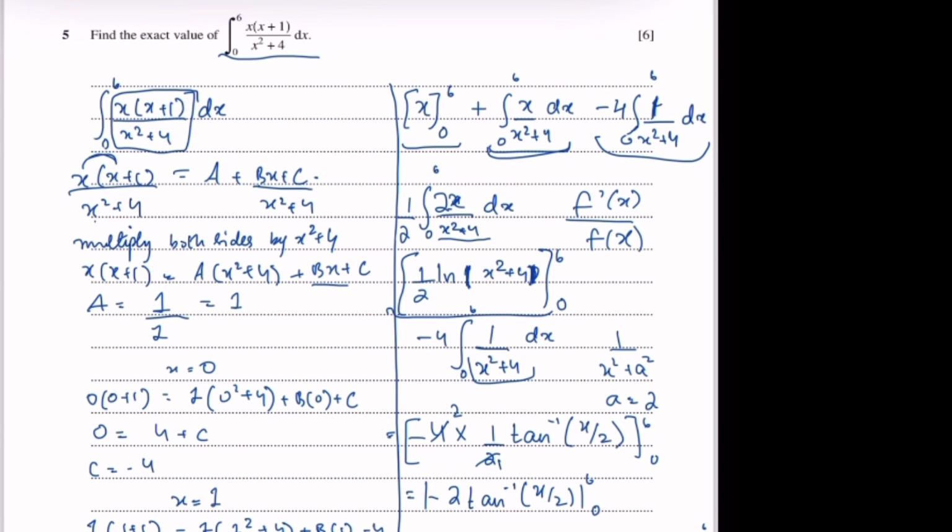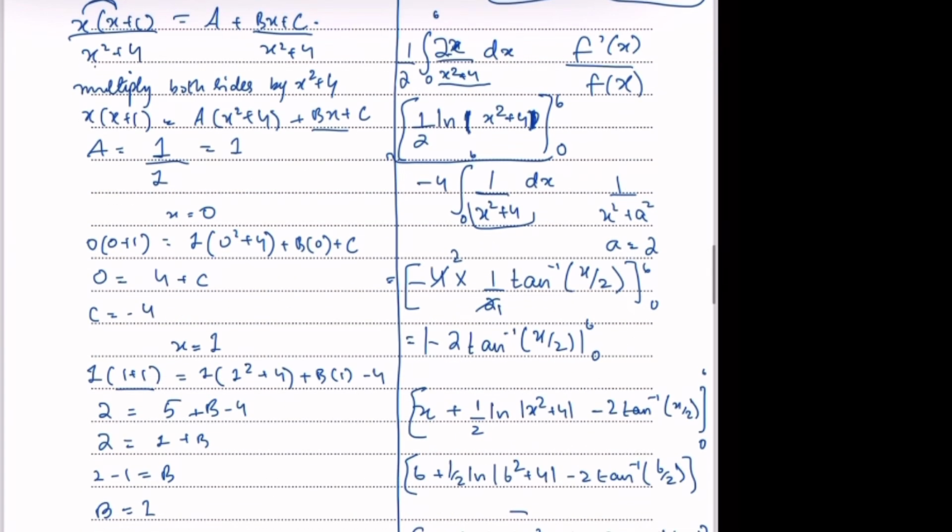We can take the power common in ln, so 6 minus 2 tan inverse of 3 plus ln of 40 upon 4, raised to power half. So that's 6 minus 2 tan inverse of 3 plus ln of 10 raised to power half.